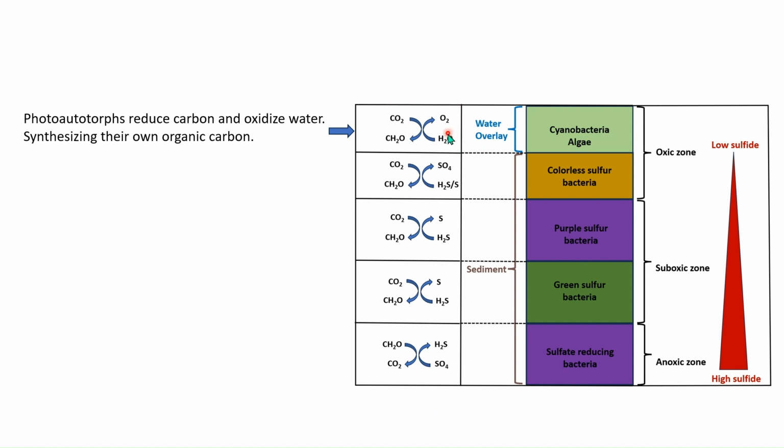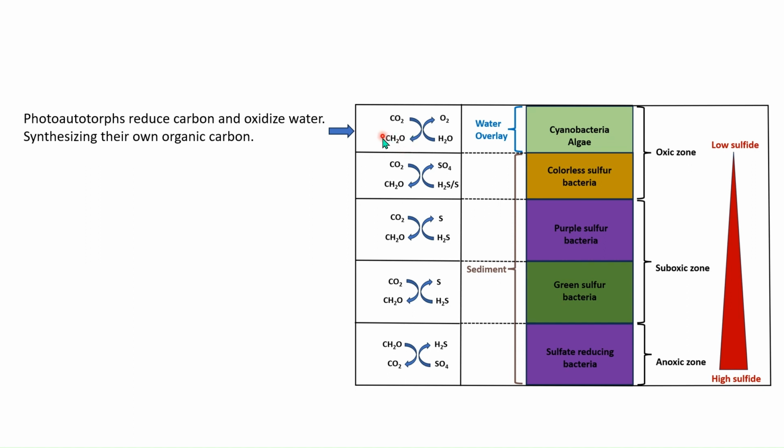And so photoautotrophs, they take water and they turn it into oxygen, and they take CO2 and they convert it into glucose. Here, glucose is abbreviated. Instead of saying 6 carbons, 12 hydrogens, and 6 oxygens, we just divide it by 6. So it's 1 carbon for every 2 hydrogens, and then there's 1 oxygen for every 1 carbon.